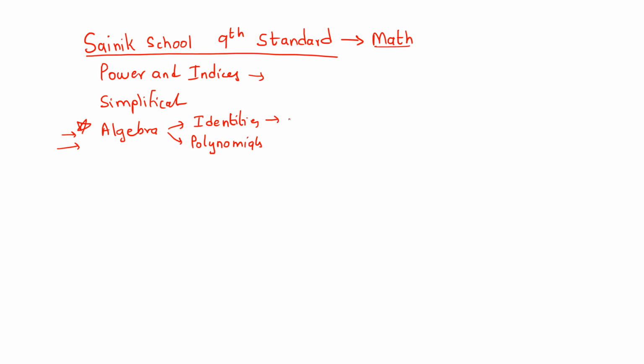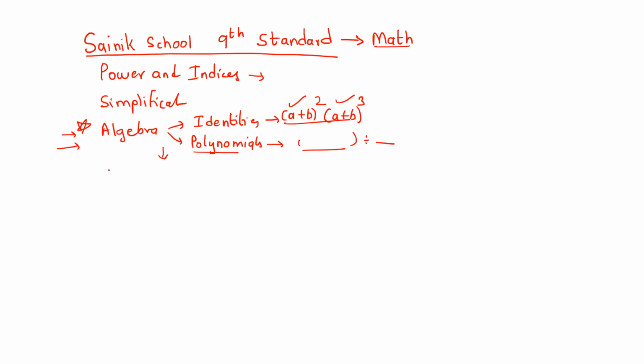In identities you have questions like a plus b the whole square, where you have to use this formula. Otherwise a plus b the whole cube, this formula candidates have to use and find the answers. And then in polynomials, a big polynomial will be given, and you have to divide it by another polynomial. We will be watching that in the upcoming series of videos in mathematics for Sainik School 9th standard.